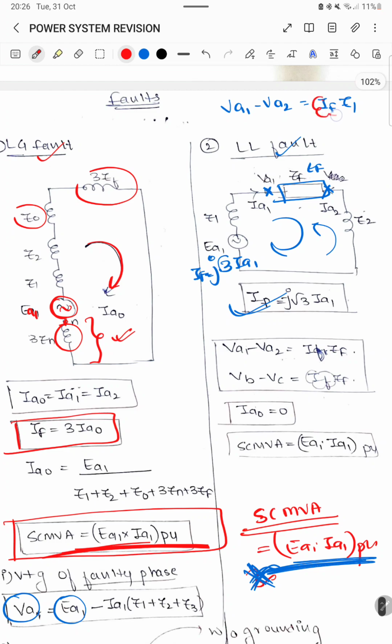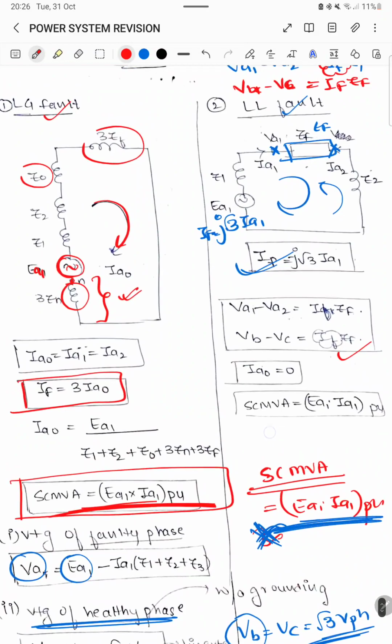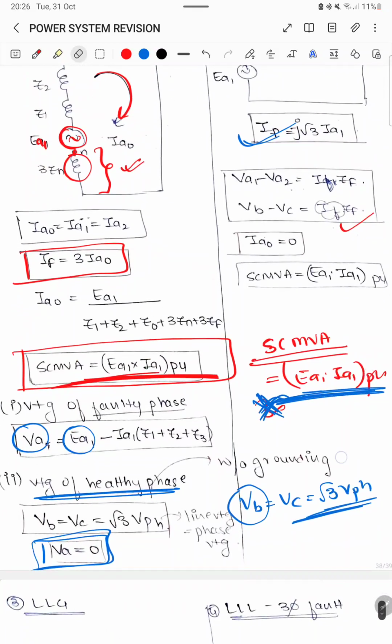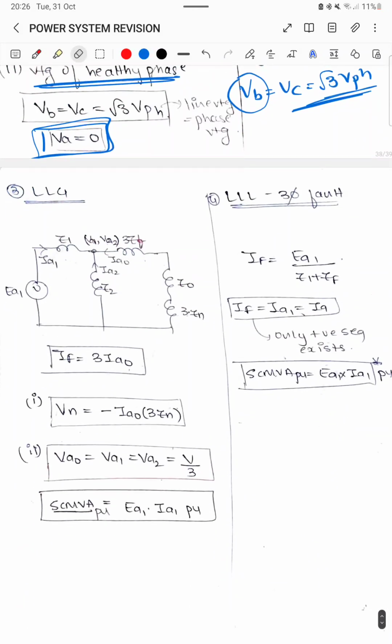Please note that it is IF ZF. VB minus VC is also IF into ZF. Please note that. Do you see any IA0 in this whole diagram? No. So IA0 is 0. And SCMVA as usual is EA1 into IA1.